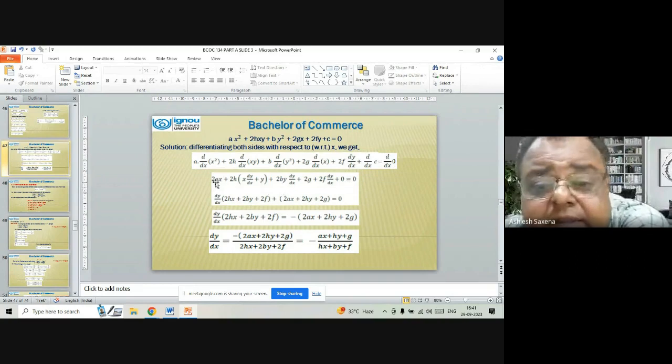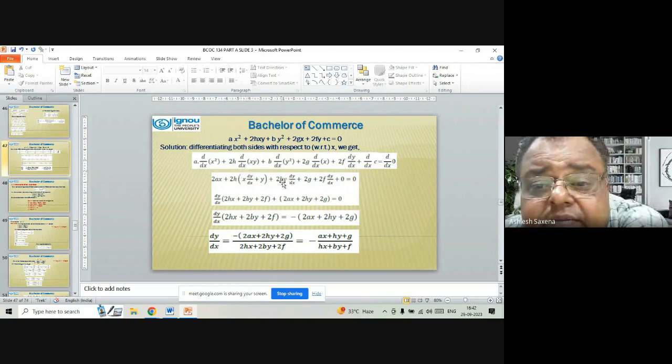Now what I will do, I will be just simplifying these. Simplifying this, taking dy by dx together. I will be getting dy by dx over here, here, and here.